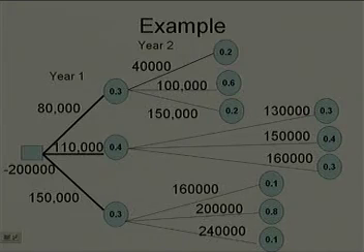For year 2 you have a possibility of making 40,000, 100,000 and 150,000, and the associated probability values are 0.2, 0.6 and 0.2.